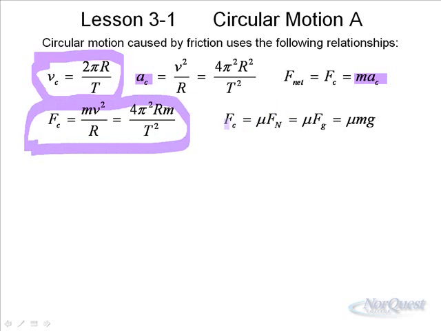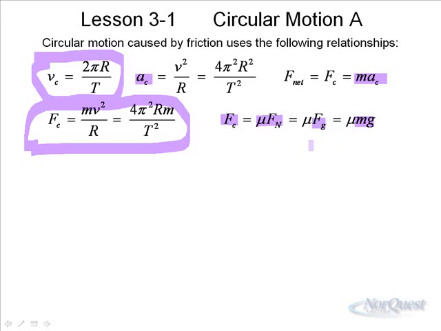And finally, we can say that the centripetal force on a horizontal road is caused by the force of friction. The force of friction is mu Fn. If we're horizontal, then the normal force of the road pushing up is the same as the gravitational force of the object pushing down. And gravitational force is mg.